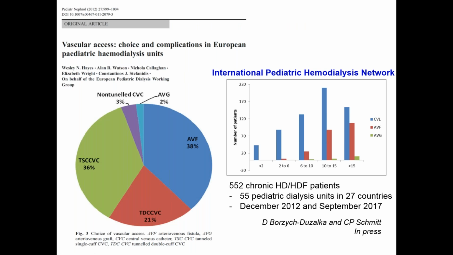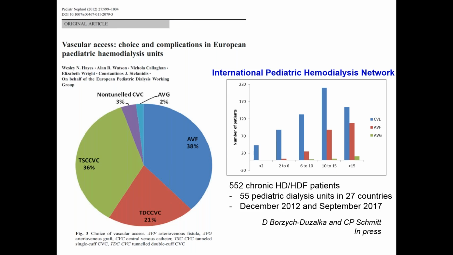And you see again that by far the most common use is with central venous lines. As the children grow older and above the age of 10 years, the use of arteriovenous fistulas increases to some extent, but it's still less than half the use of central lines.